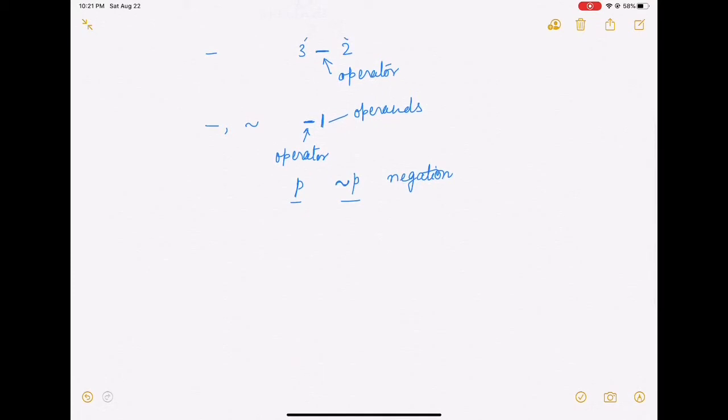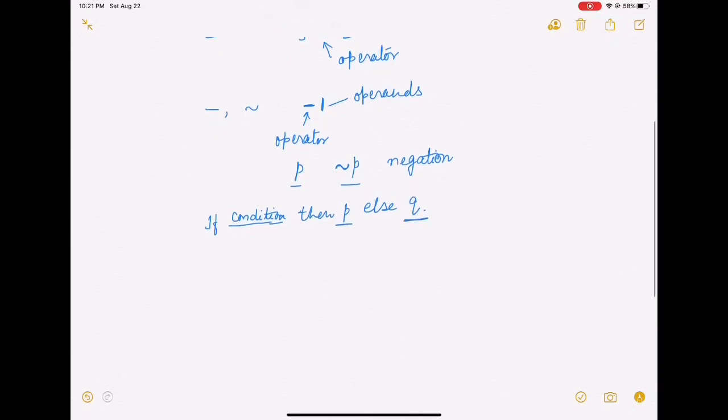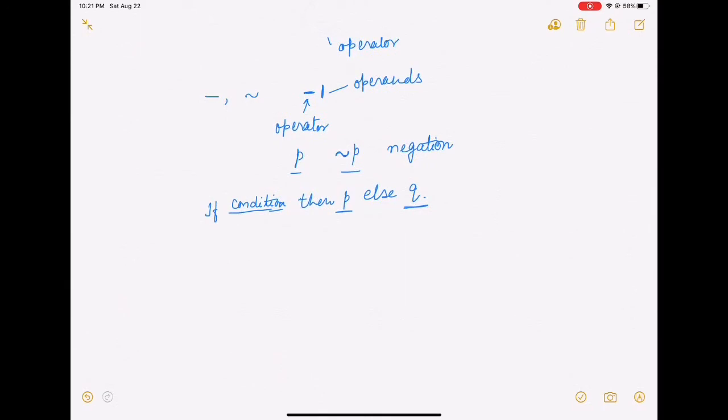Similarly, those who are familiar with computer languages know the statement: if some condition is satisfied, then P, else Q. So here we have three operators.